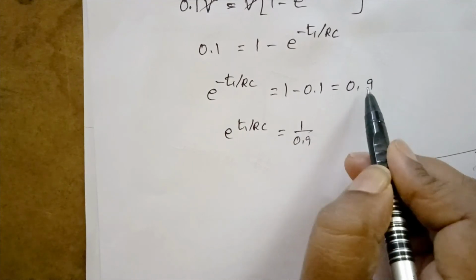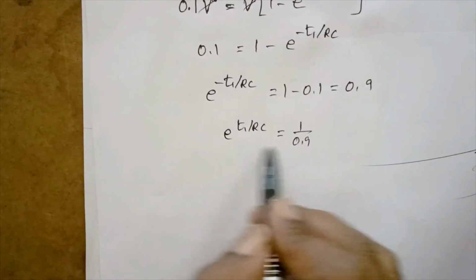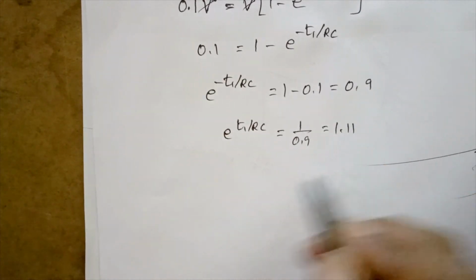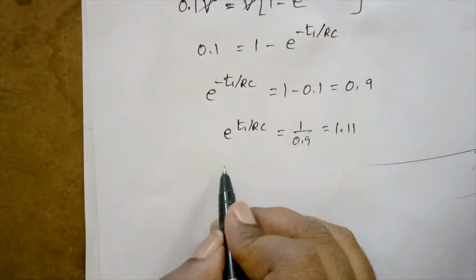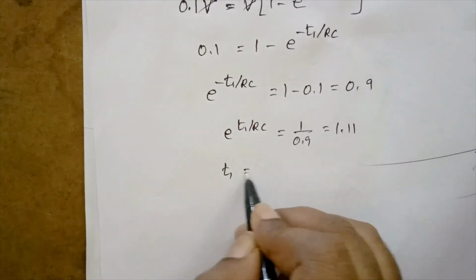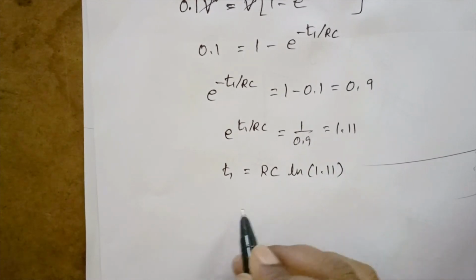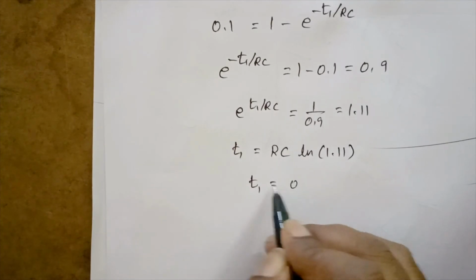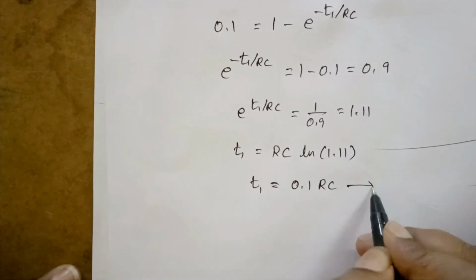So what is 1 by 0.9? 1.11. Now apply natural logarithm on both sides, then it becomes T1 is equal to RC into ln of 1.11. So that value is nothing but T1 is equal to 0.1 RC. Let this be equation 1.